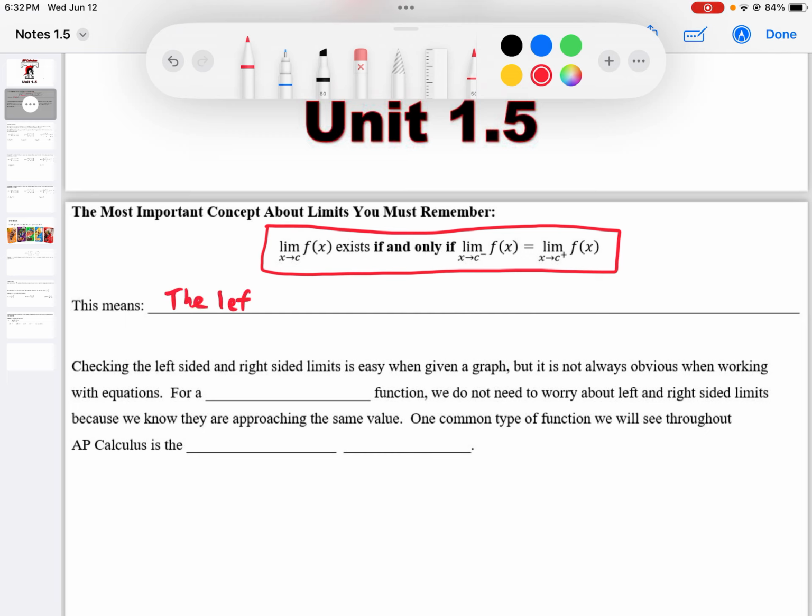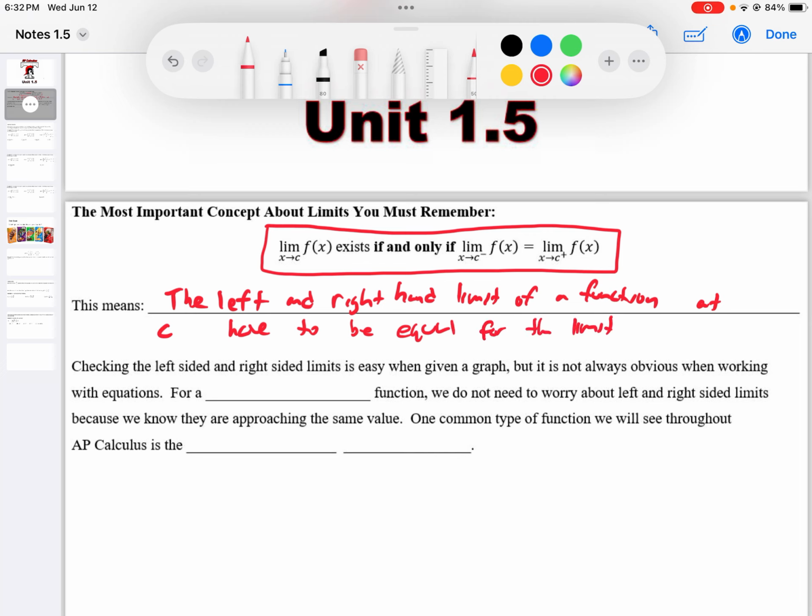The left... So with that if and only if, you could read them both ways.